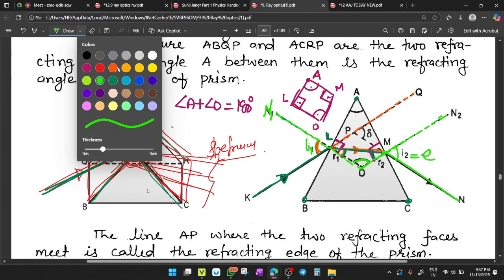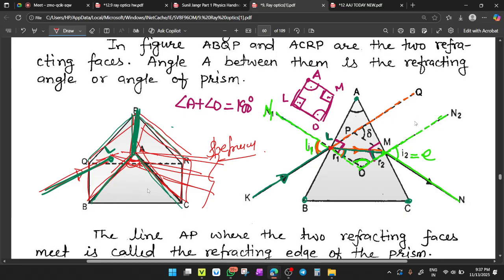Now what is the direction of the incident ray? Yeah, this is the direction of the incident ray from L to Q. And what is the direction of the emergent ray? The final emergent ray is the direction of this. So make it extend. This is the amount of deviation, where the ray has to go and where it has passed.